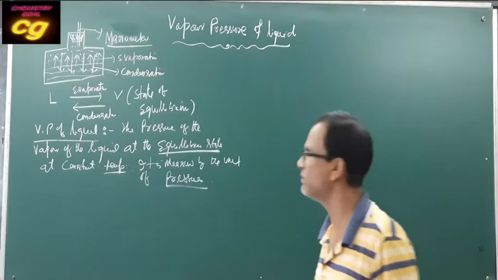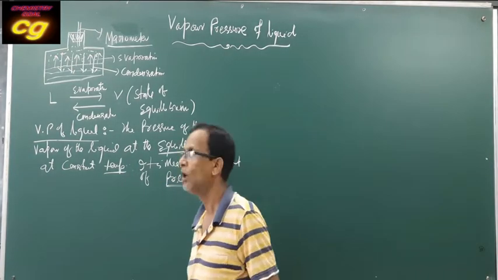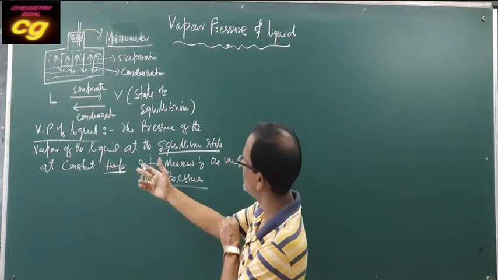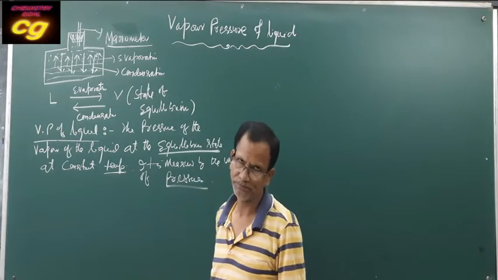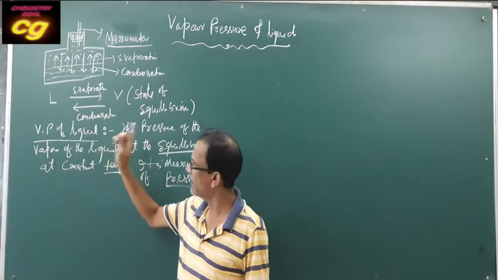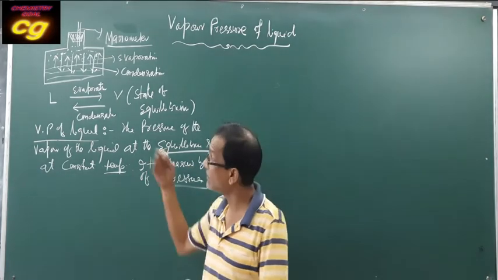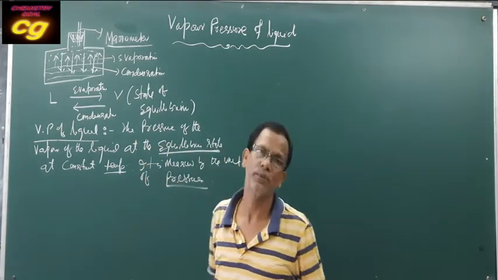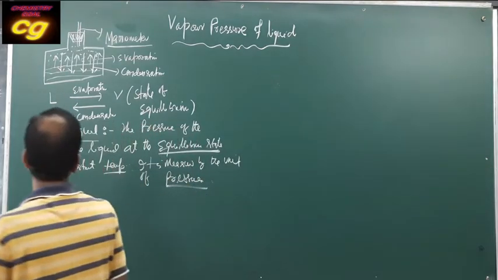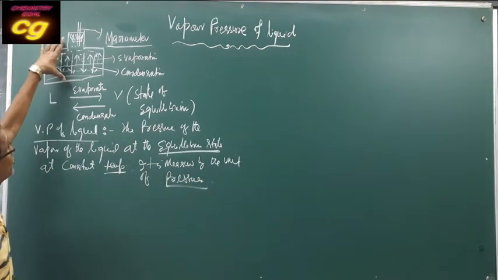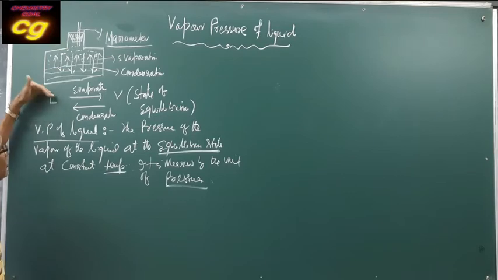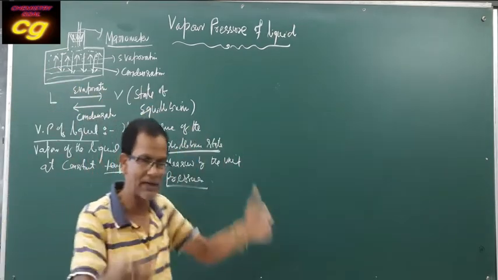So many units we are measuring pressure in. So the vapor pressure unit is the same as the pressure unit. But it depends mainly on the particular temperature, at what temperature you are measuring the vapor pressure. That is very important.